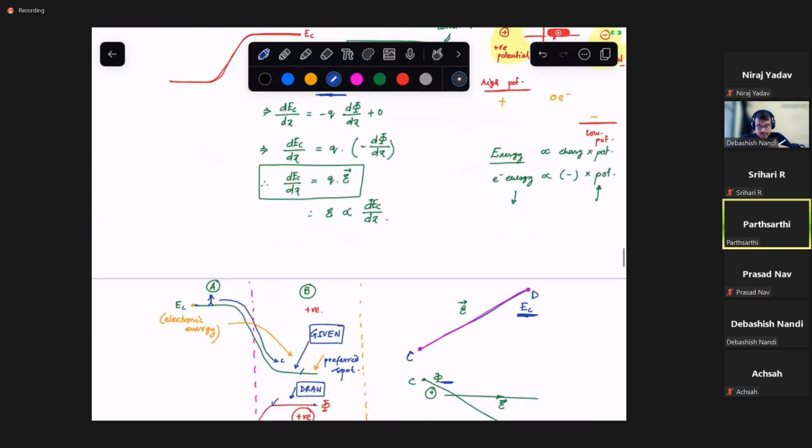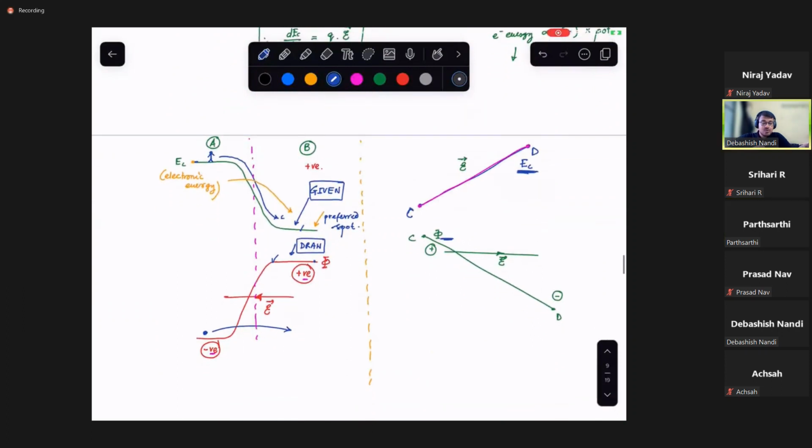And the minus sign comes due to the potential we are talking about being for positive charges. High positive charge means high potential, and high electronic energy means high negative charge. So you see the oppositeness of the charges.